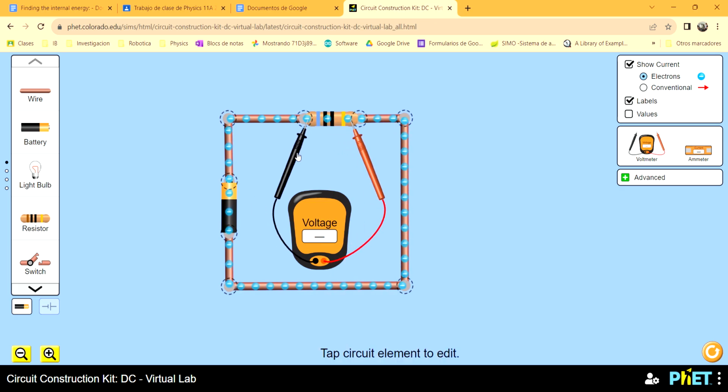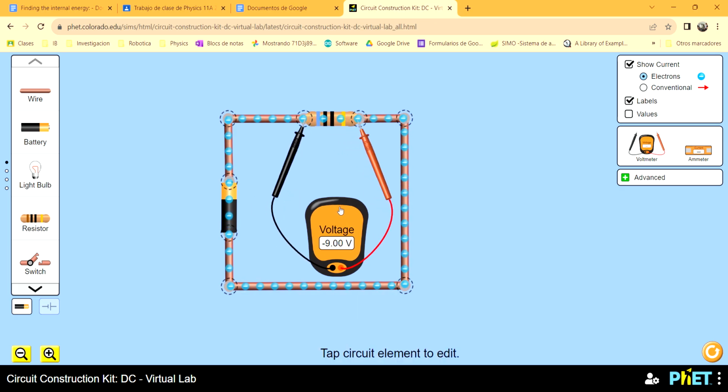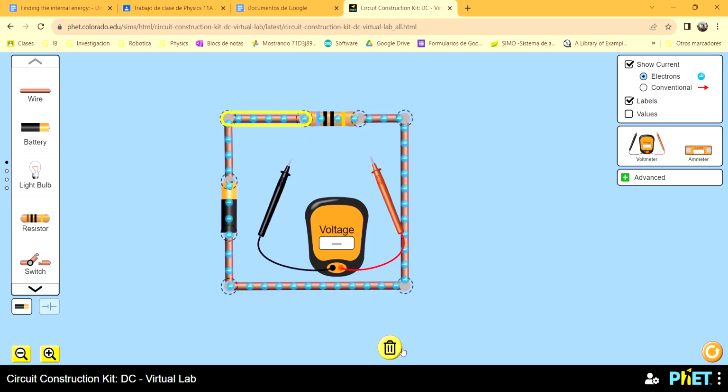This is the voltage that is in the resistance. So the voltage is measured in parallel. Now, if I want to measure the current, I need to cut one cable because the current is measured in series. So I need to connect this ammeter to the resistance in series.